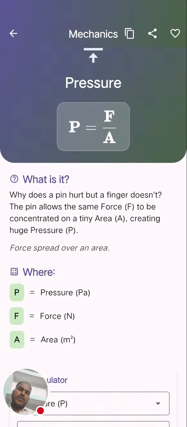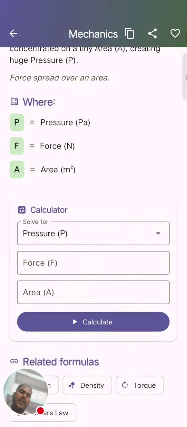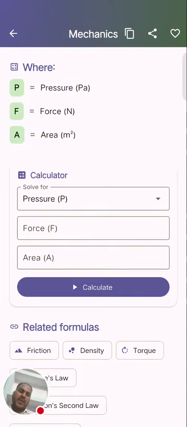So in the pressure formula, P equal to F upon A, P stands for pressure, F for force, and A for area.